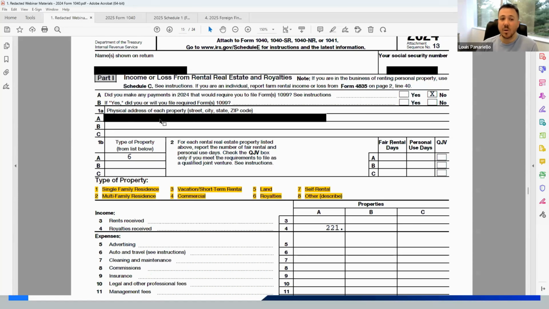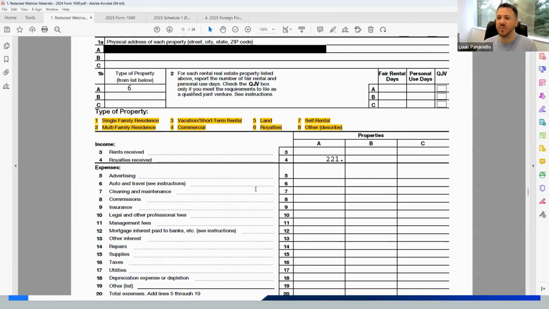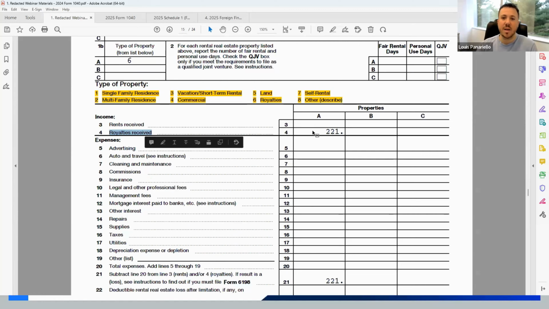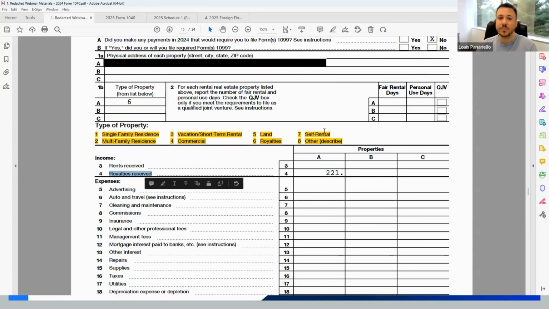Now, if we scroll down a little bit, A is giving us this property code of 6. And if you go down to the legend just below, now we know that this is royalty income based on code 6. And if we go a little bit further down, the income that's reported is also for box 6.